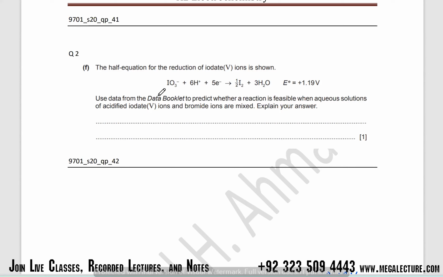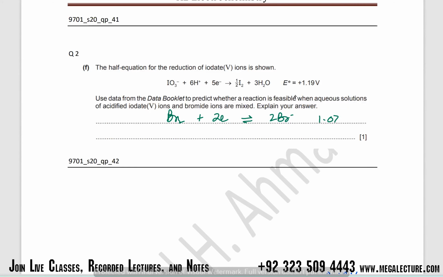Can you go and find an equation for bromide? There's only one equation. Is it Br2 plus 2e minus goes to 2Br minus? And what's the electrode potential? 1.07.